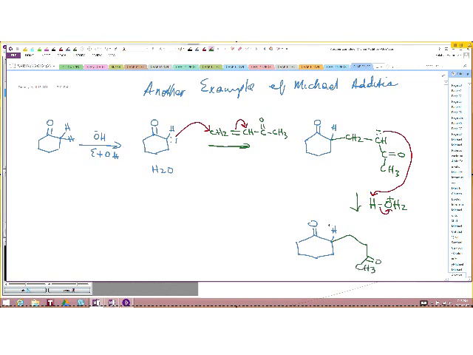Okay, so that is another example of a Michael addition reaction.